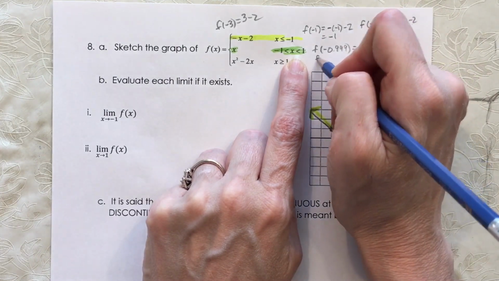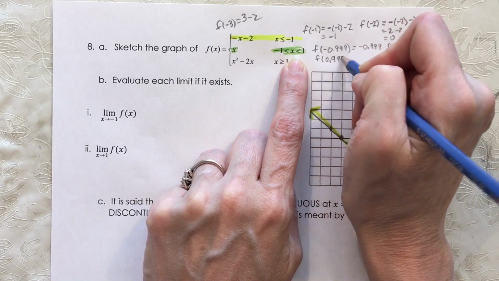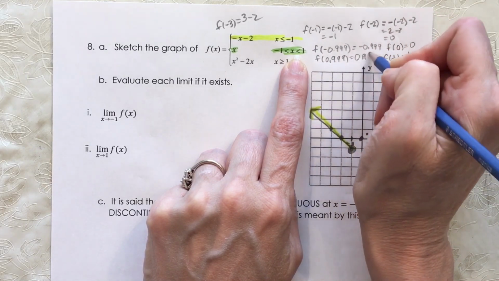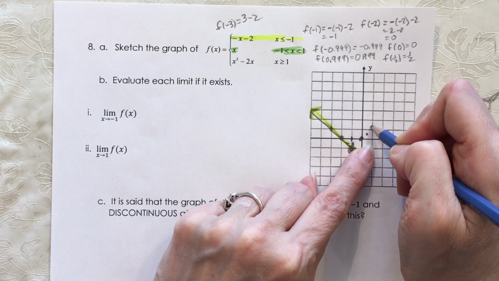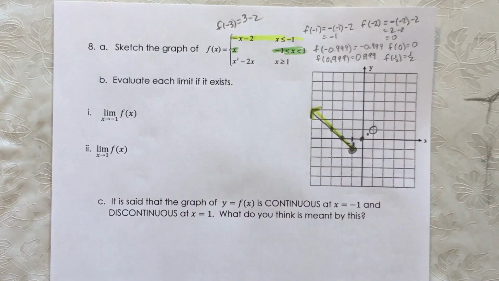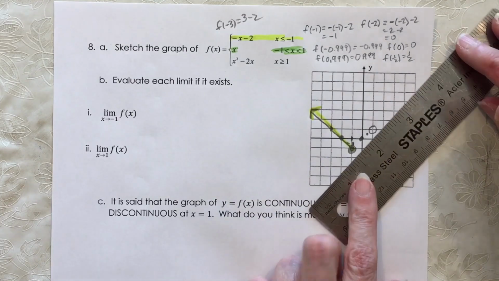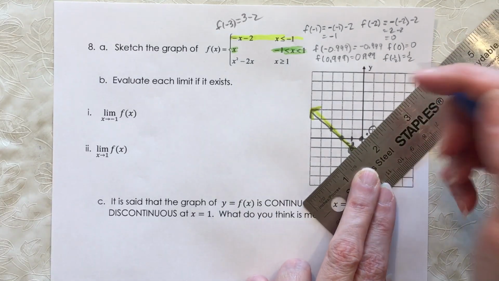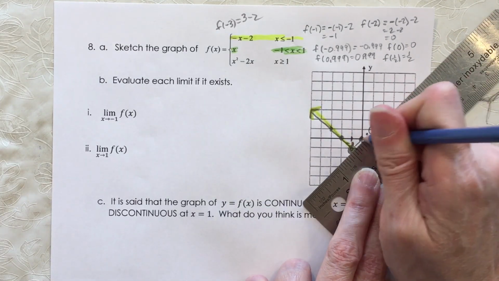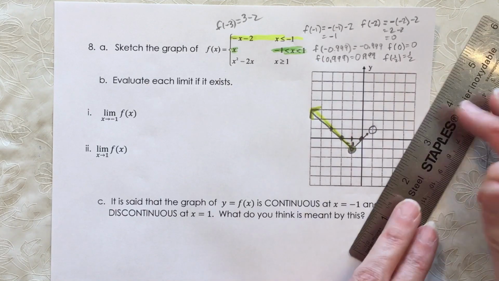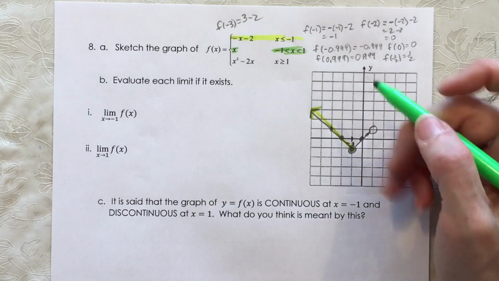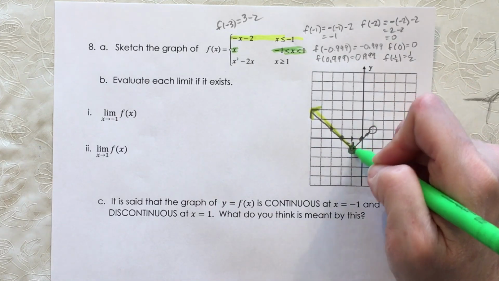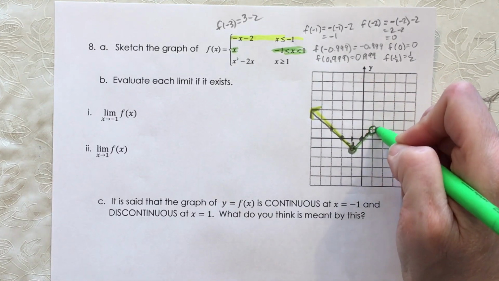So I could have f at 0.999 again would be 0.999. So almost 1, but not really allowed. So I have my open circle there. And then I can join the part between the filled in one and the open one. So here's the green branch of my function. So it goes from here to here.